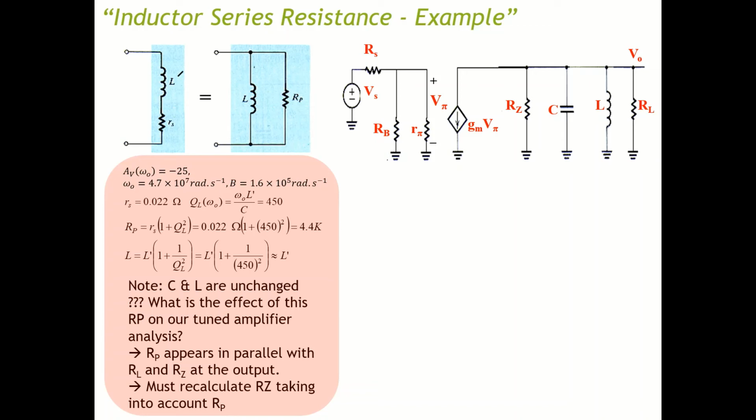However, as we remember from the equation of the gain, it is mostly affected by the resistance RZ. Therefore, in this example, what I want you to do is take into account the series resistance of your inductor, convert that into the equivalent model, and figure out what RP is.